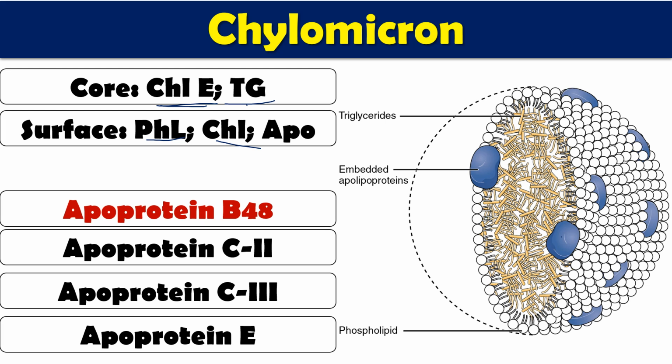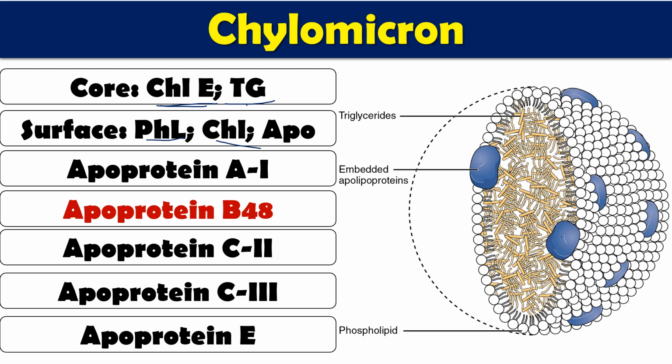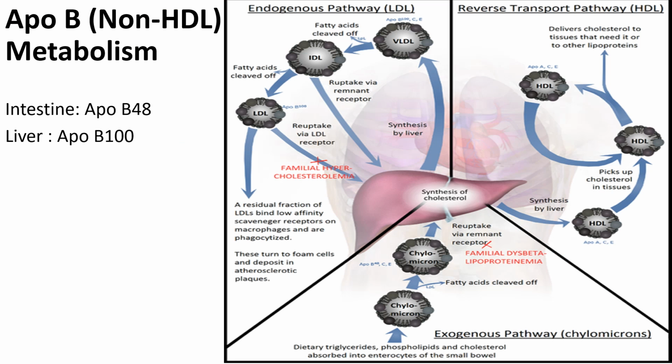Once the chylomicron finishes its work, it has to go back to the liver for processing. The liver receives chylomicron with apoprotein E only, as the receptor ligand for the receptor present in hepatocytes. Then it also has apoprotein A1. These are some of the important apolipoproteins; some other apoproteins are also present.